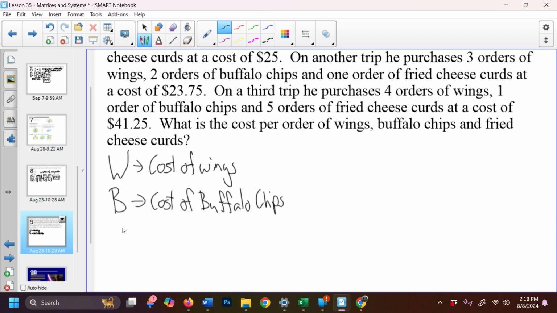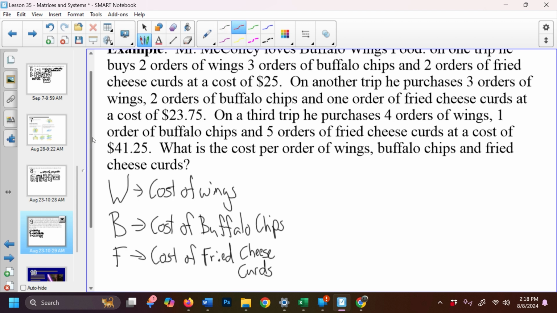And I will call F the cost of fried cheese curds. Then we'll go through and we'll do it one at a time.